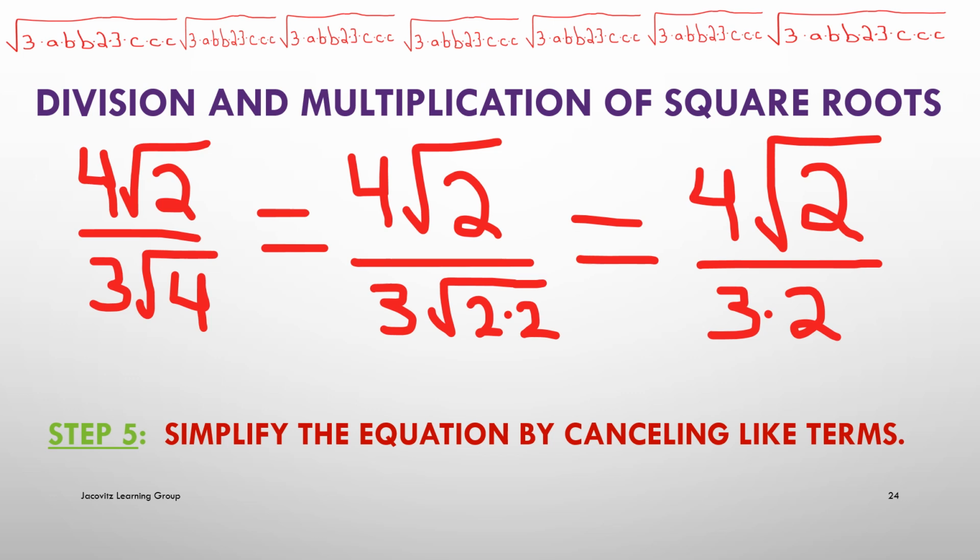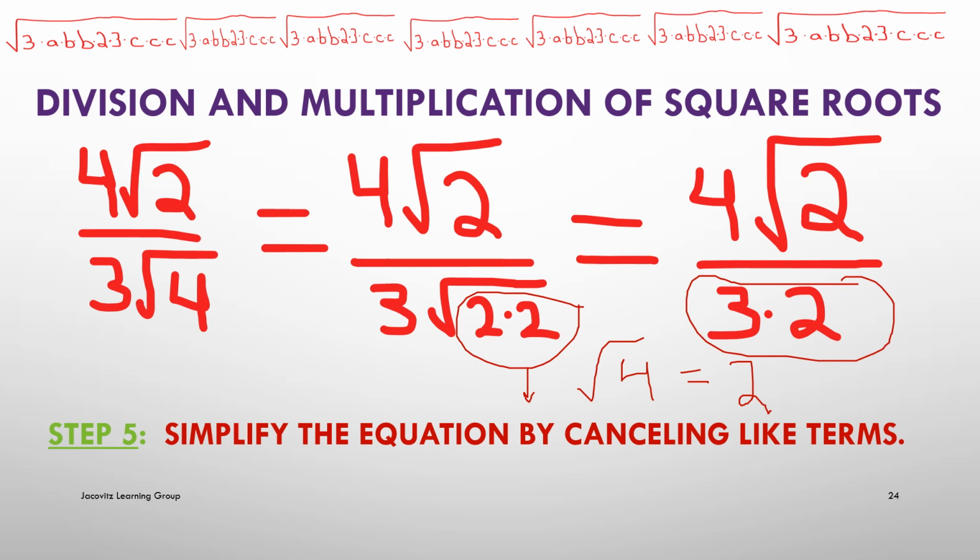3 times square root of 4 is 3 times 2 times 2. You take this out because this is now what you call a perfect square. That becomes 4, and the square root of 4 is 2. So now you can get rid of the radical sign, which we did over here, and that becomes 3 times 2.